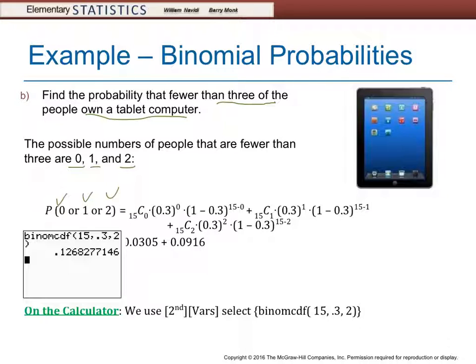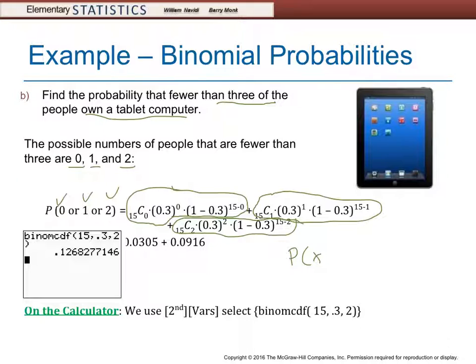We go through the process of calculating this probability here for 0, then this probability here for 1, and then this probability here for 2, and we add them all up. In this particular case, the probability that x is less than or equal to 2 is equal to 0.126.